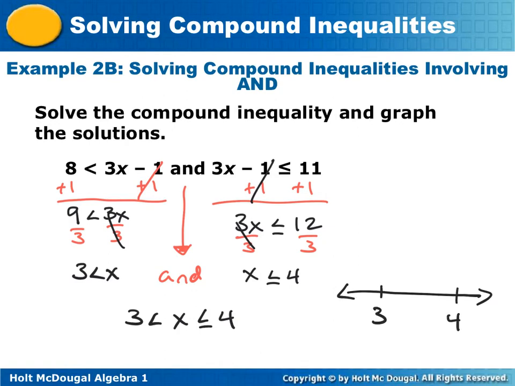You've got the number 4. Over the number 3, your inequality does not have the or equal to, so it is open. However, the one with 4 does have the or equal to, so it is going to be closed. It uses the word and, the x is between the two.